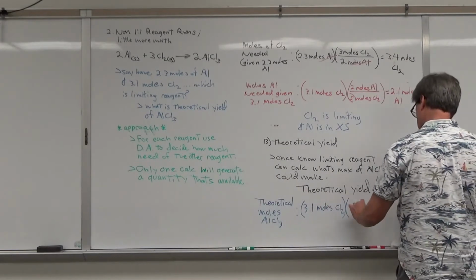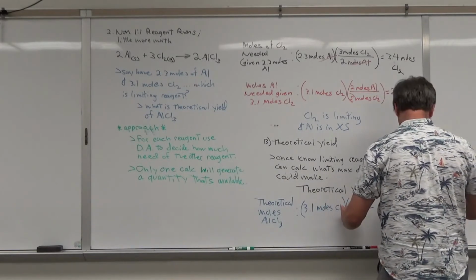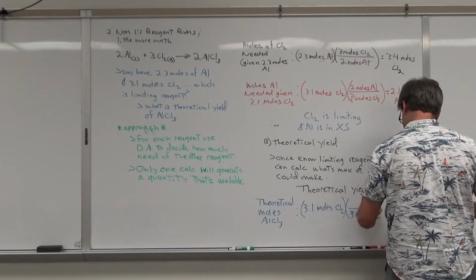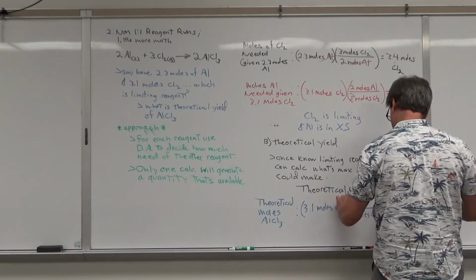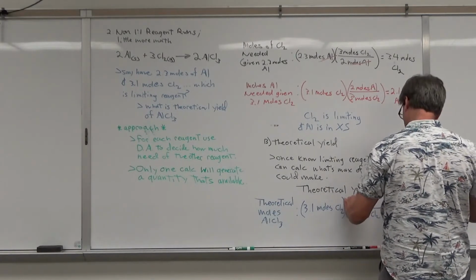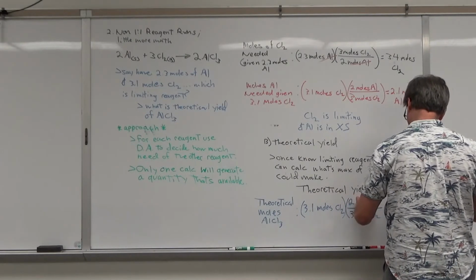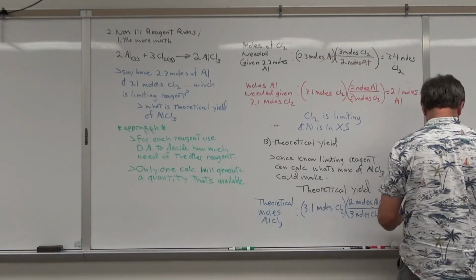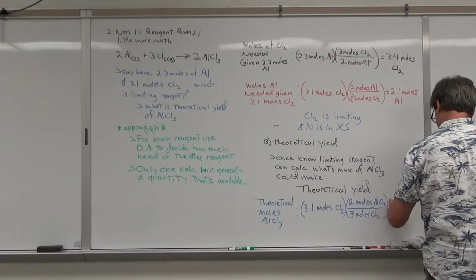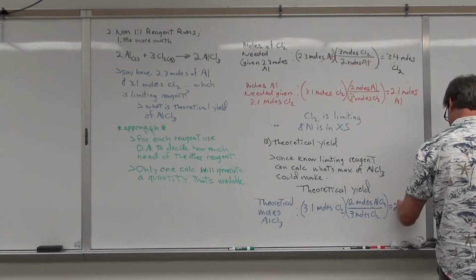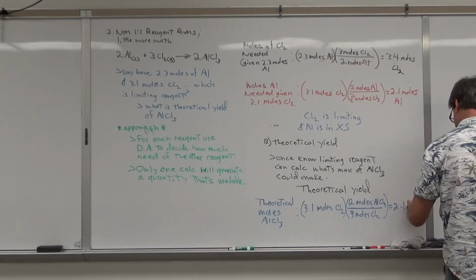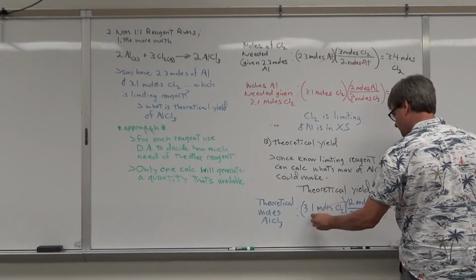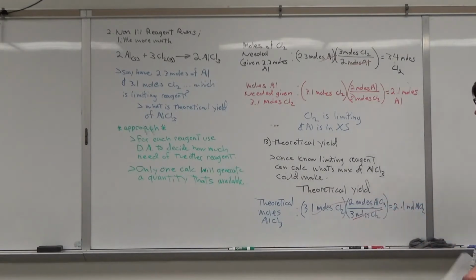For every 3 moles of chlorine, we generate 2 moles of aluminum chloride. That'll come out to 2.1 moles aluminum chloride. Sure enough, units cancel, and we know we did the problem right. Okie dokie.